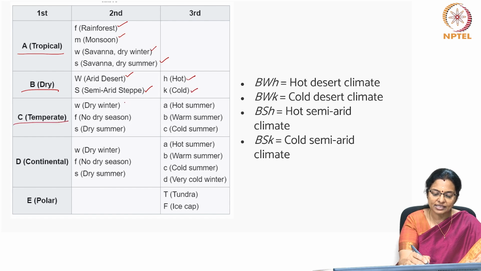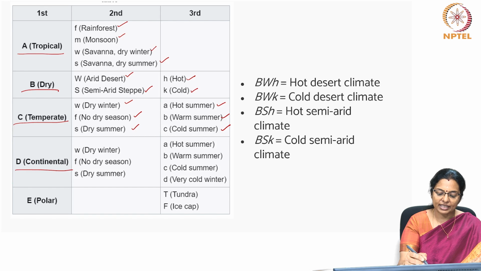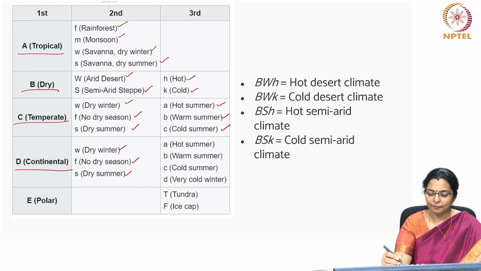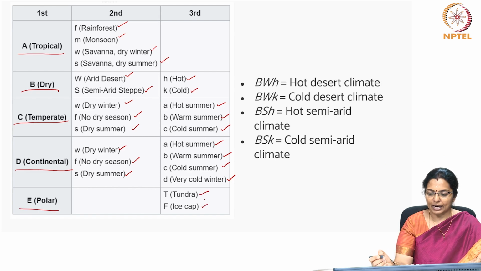C temperate has W dry winter, F no dry season, S dry summer. A hot summer, B warm summer, C cold summer. It's the third classification. D continental has dry winter, no dry season, dry summer, with A hot summer, B warm summer, C cold summer, D very cold winter. And E polar has tundra and ice cap.